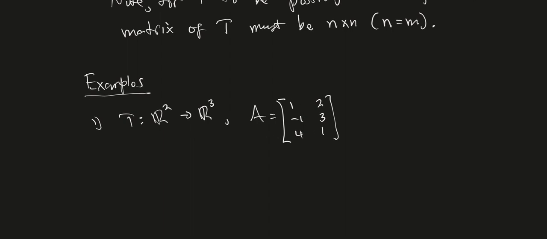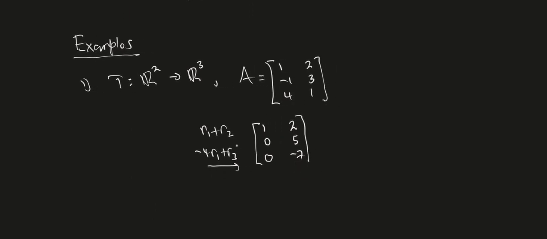Let's try to put this in a reduced row echelon form. So I'm going to take R1 and add it to R2, and then I'm going to take negative 4 R1 and add it to R3. So I'll have 1, 2, and then I will have 0, 5, and then 0, negative 8, negative 7, right?